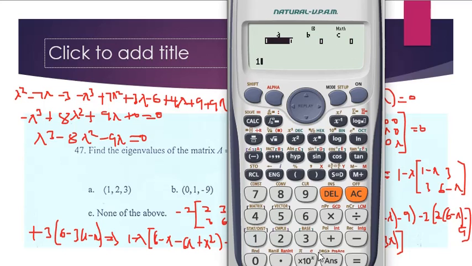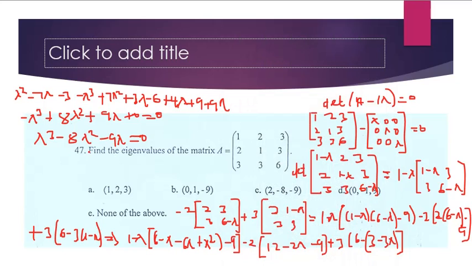So we have 1, minus 8, and minus 9, and then D is 0, already 0. So we end up with 9, minus 1, 0. So we have the values to be 9, minus 1, and then 0. So these are our eigenvalues, 9, minus 1, 0.